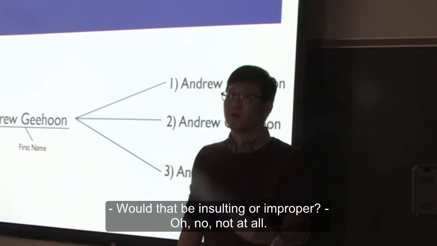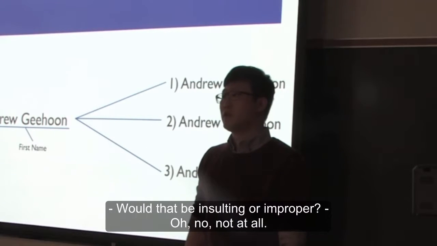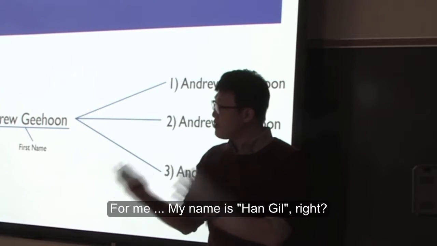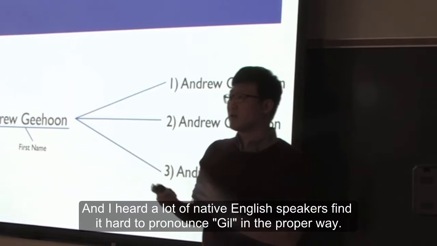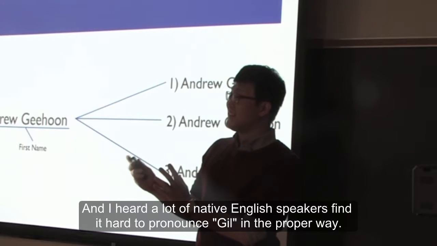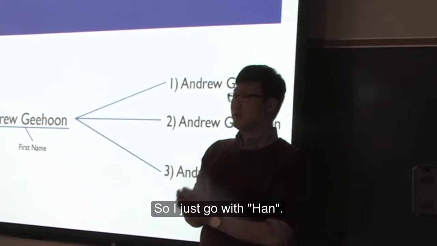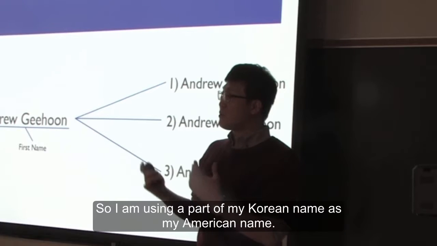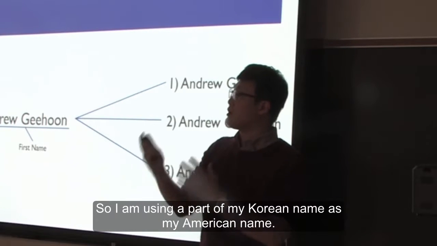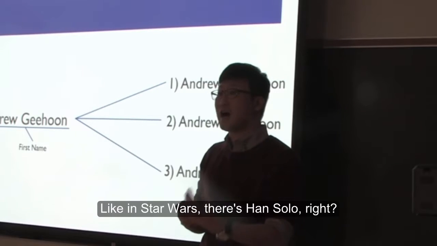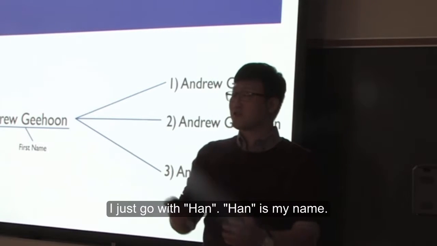Would that be insulting or improper? No, not at all. For me, my name is Han Gil, right? I heard a lot of native speakers of English find it hard to pronounce Gil the proper way, so I just go with Han. So I'm using part of my Korean name as my American name, like Han Solo in Star Wars, right?